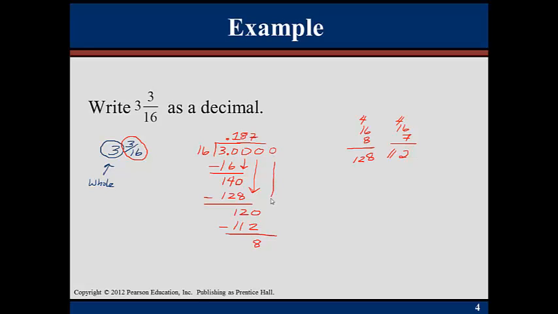Bring down another 0, and we really have 80. So 16 into 80, and it goes in there 5 times. And we end up with 0. So the fraction part as a decimal is 0.1875. But do not forget the whole number. So this final answer is 3.1875.